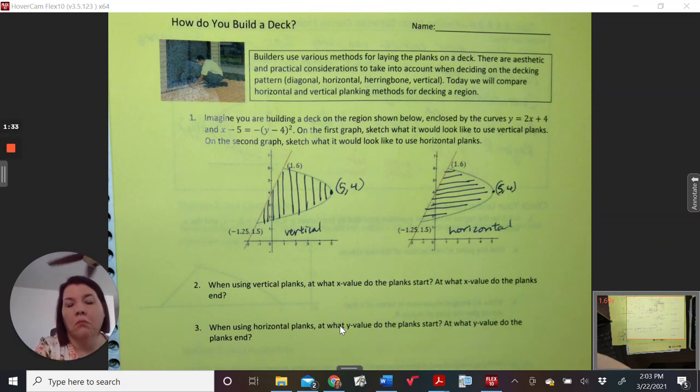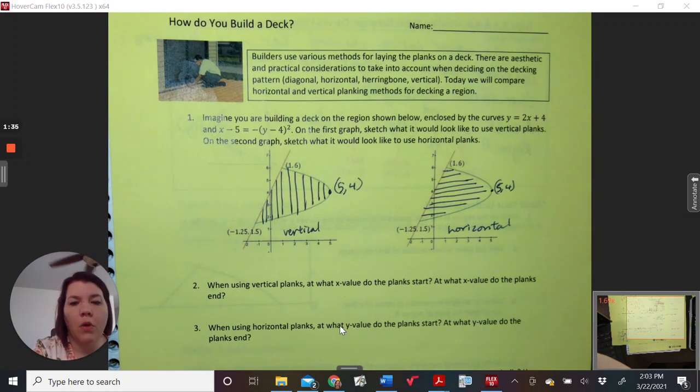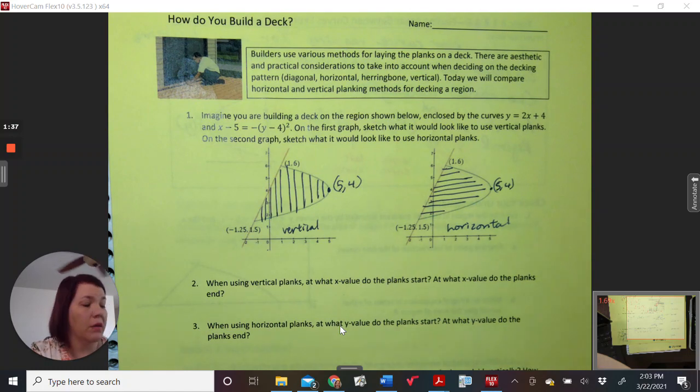Okay, pretty straightforward. When using vertical planks, at what x value do the planks start?